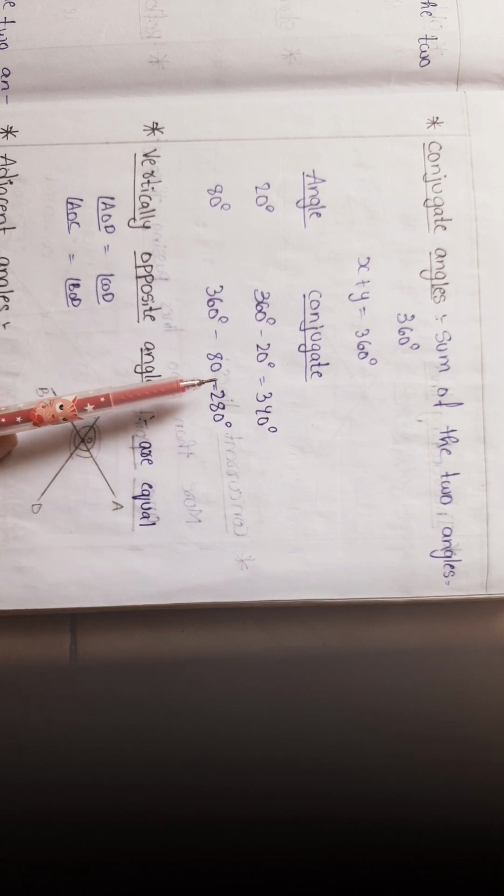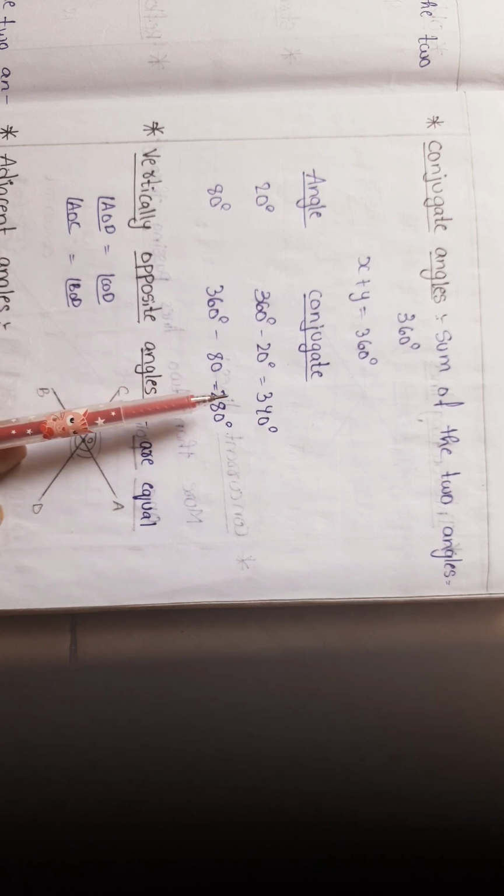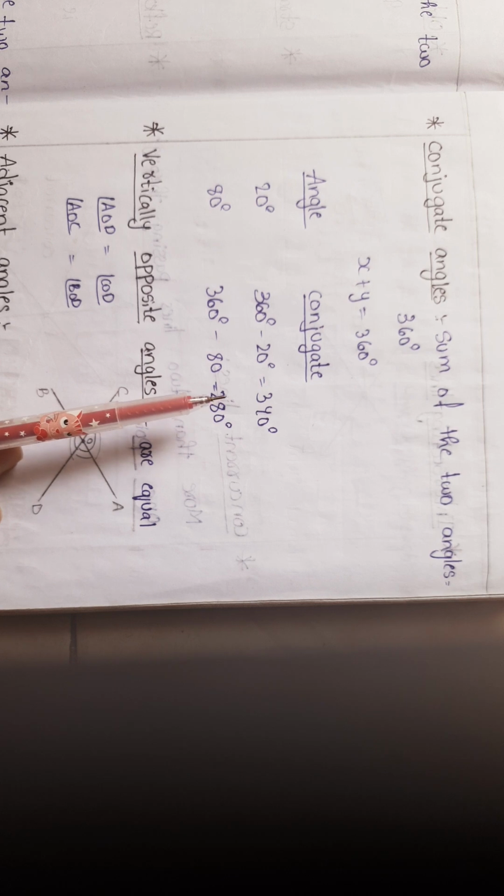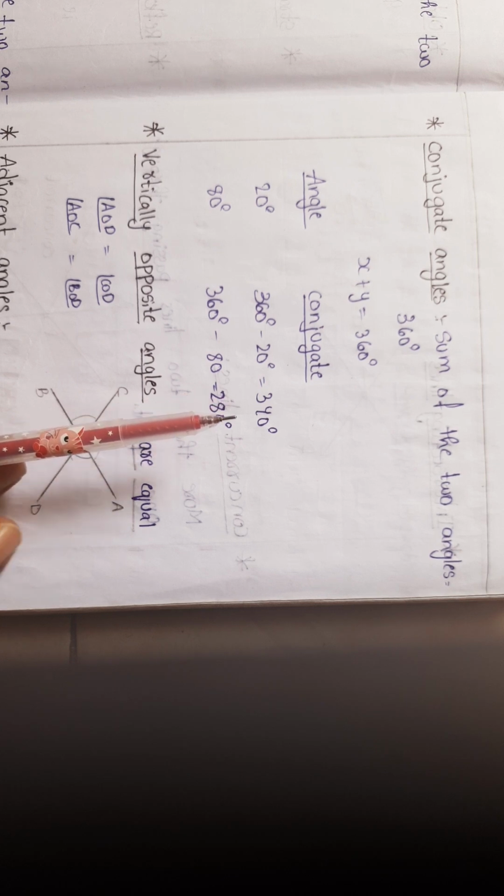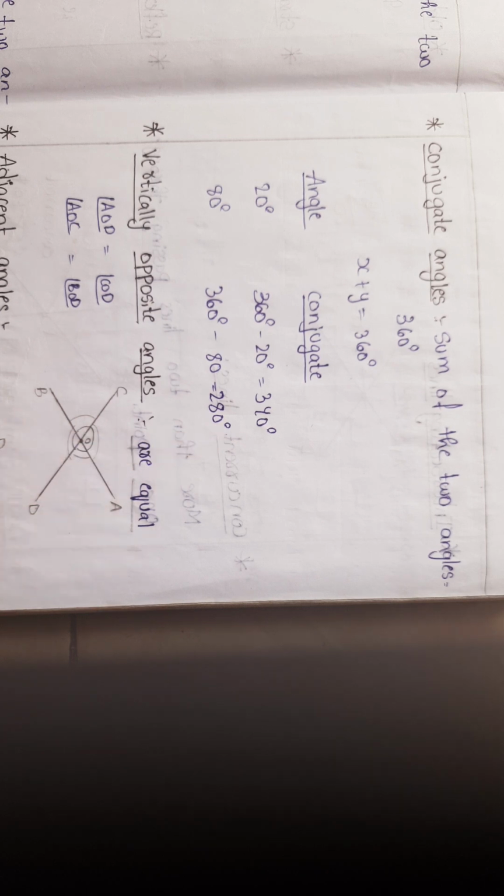This is another important concept. Complementary angles, supplementary angles, conjugate angles. If the sum of the two angles is equal to 90 degrees, that is complementary. If the sum is 180 degrees, that is supplementary angles. If the sum of the two angles is 360 degrees, then it is conjugate angles.